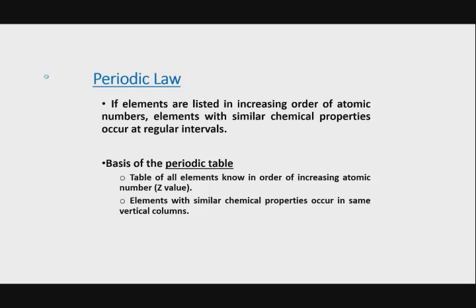And when that happens, elements in the same groups, in the same vertical columns, end up with similar properties. It is very useful because that allows us to make general predictions about properties, general predictions about what elements would do or behave as under different situations.